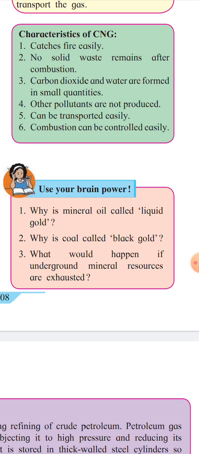What would happen if underground mineral resources are exhausted? As you know, if something is exhausted it means it vanishes. If all the minerals are exhausted from the earth, then we will not be able to get different metals and fuels.